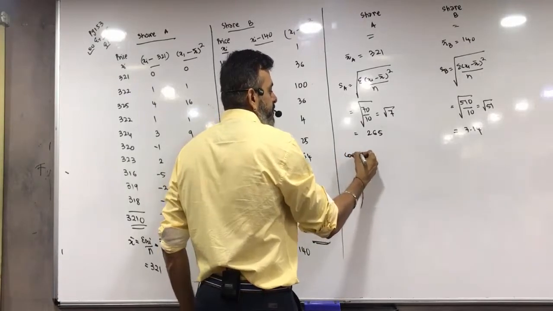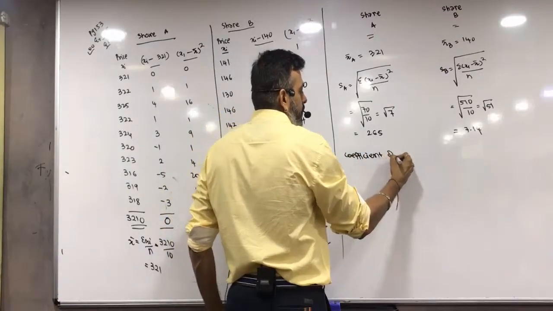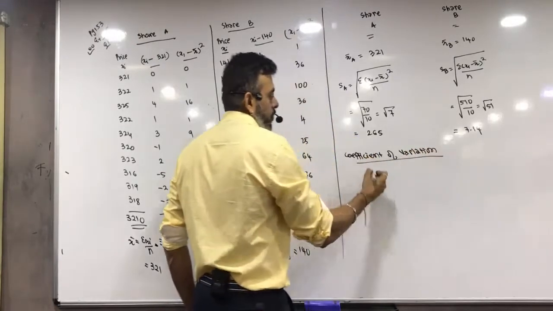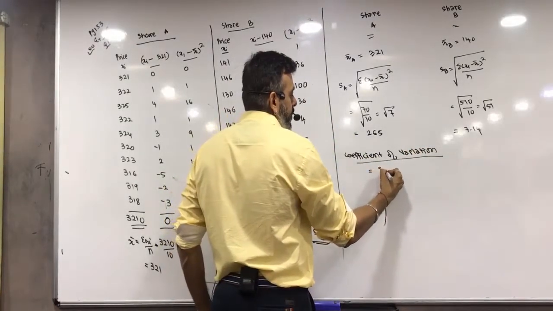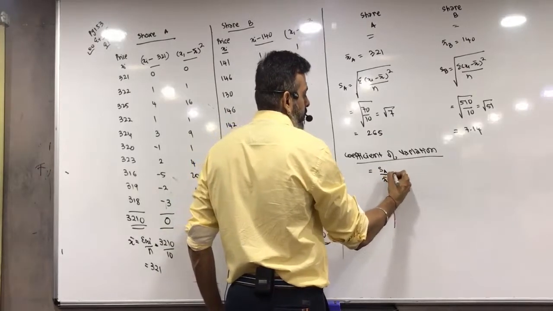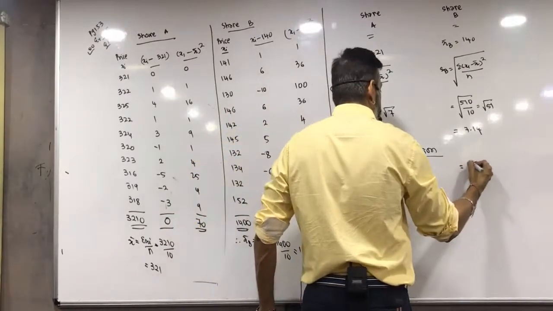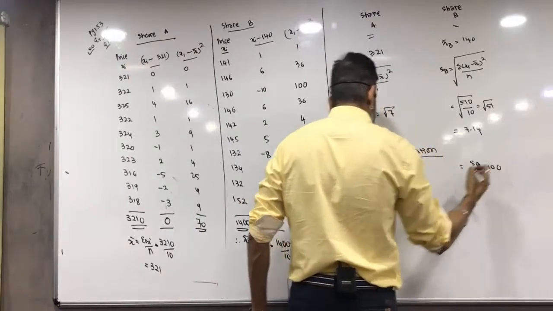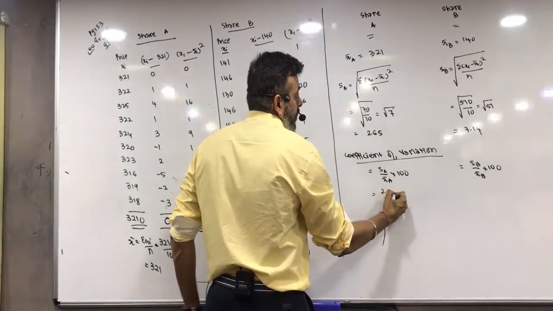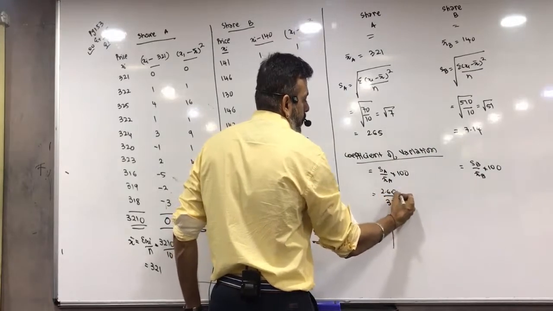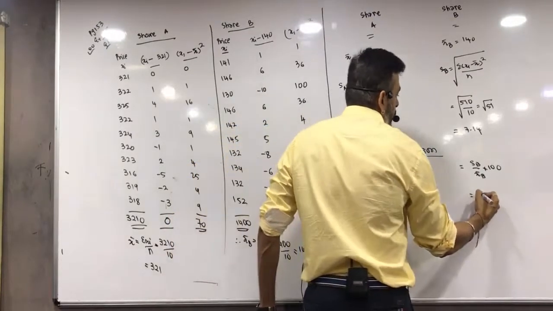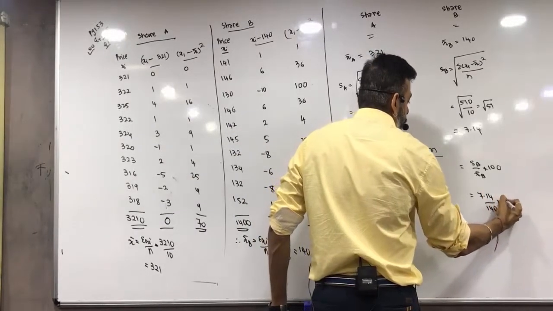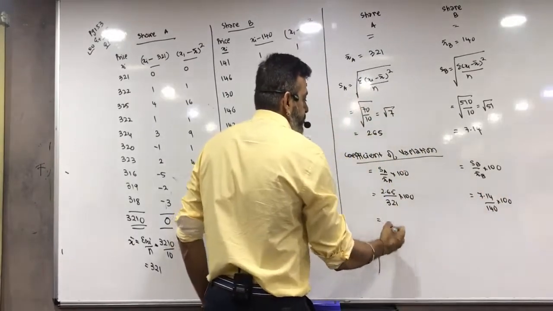Coefficient of variation here is equal to standard deviation of A upon mean of A into 100, and over here standard deviation of B upon mean of B into 100. 2.65 upon 321 into 100, and 7.14 upon 140 into 100.